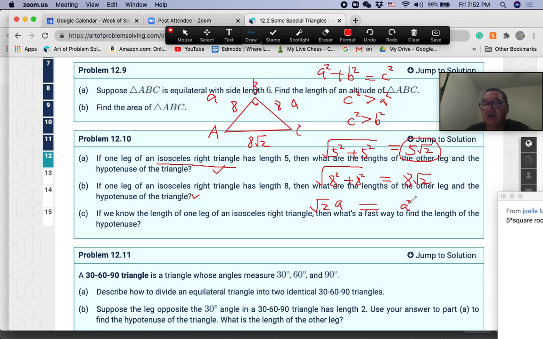Because A squared plus A squared, then take the square root. Take A squared out, you get A, then times root 2. So this is a formula to calculate the hypotenuse of an isosceles right triangle: root 2 times the length of the leg.